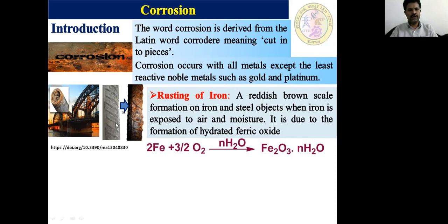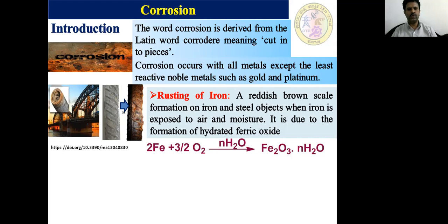You can see here the pure iron when exposed to atmosphere which contains air and moisture. After some time, it will form a brown layer on the surface. What is that? A reddish brown scale formation on iron and steel objects when iron is exposed to air and moisture.